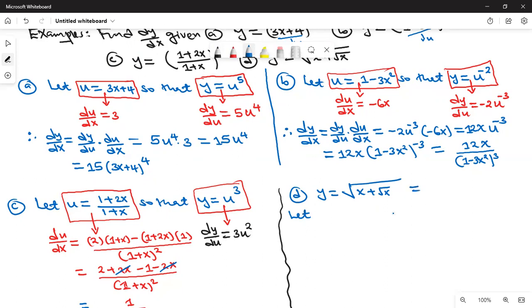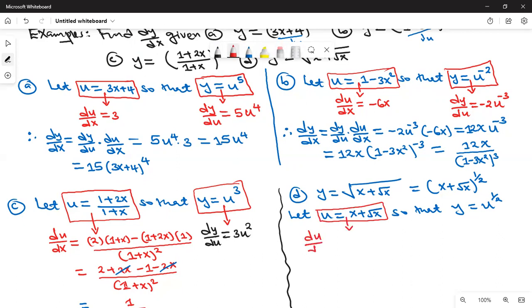Remember this can be written as (x plus root x) raised to 1 over 2. So now we say let u be equal to x plus root x, so that y will now be equal to u raised to 1 over 2. Very important. Now we differentiate each of those equations.